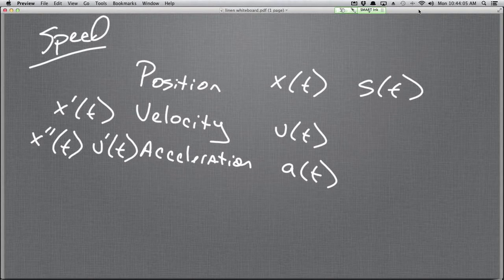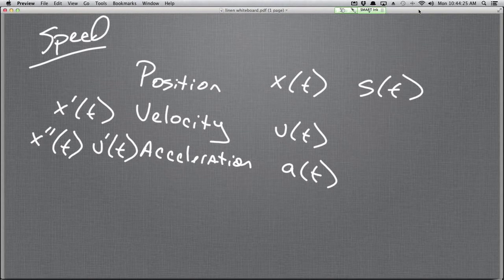Okay. All right. Now we're going to use the car scenario to help us get a grasp on position, velocity, and acceleration. If I'm driving forward in a car, what can I say about my velocity? It's positive.